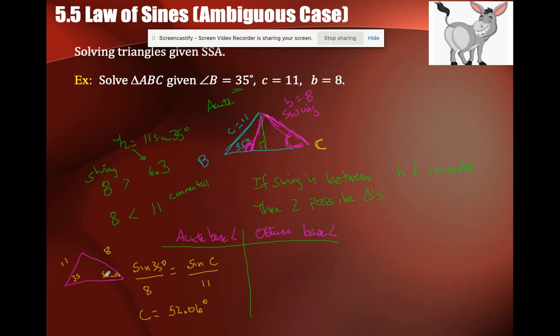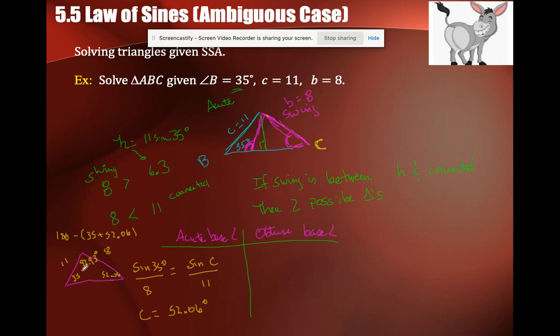So I can use my 180 relationship to find the third angle. And I got 92.9-ish. And then I'm only missing one side.